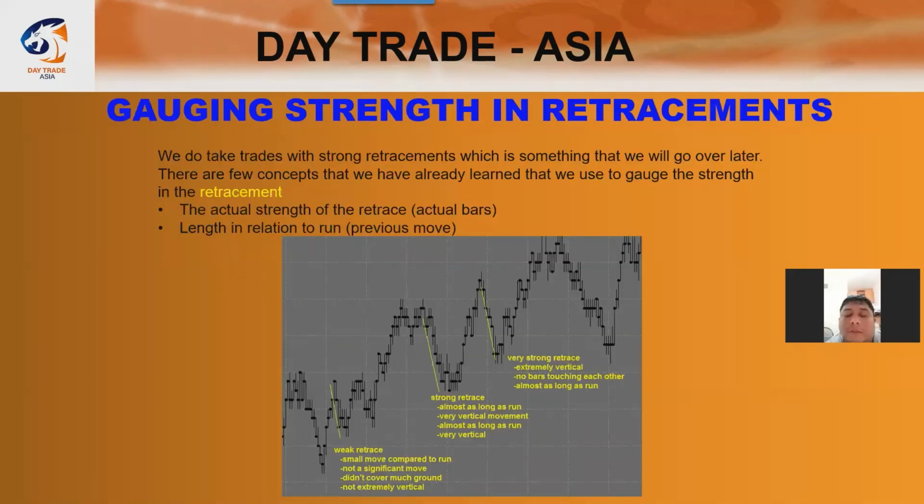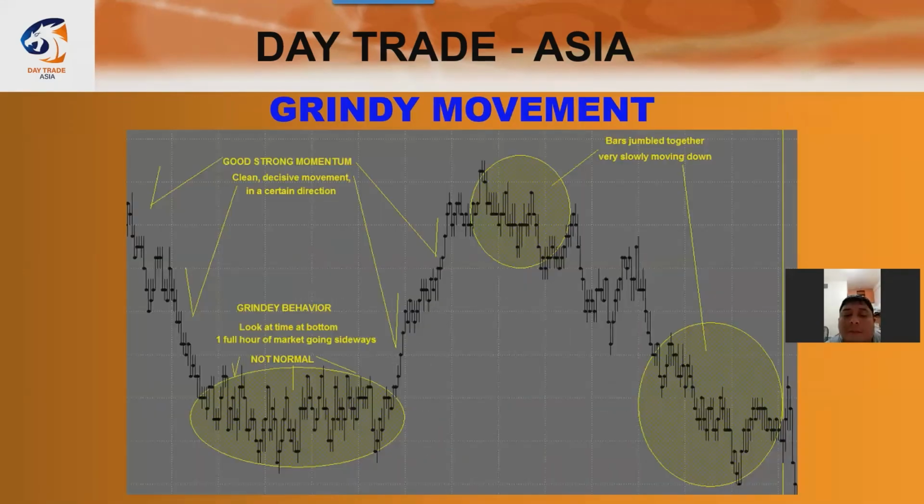So now we're going to talk about grindy behavior. Grindy behavior I showed you is basically when you see the dots here, it's just going up and down, right? For this one, we would consider this as what, Kyle? Consolidation. Yeah.